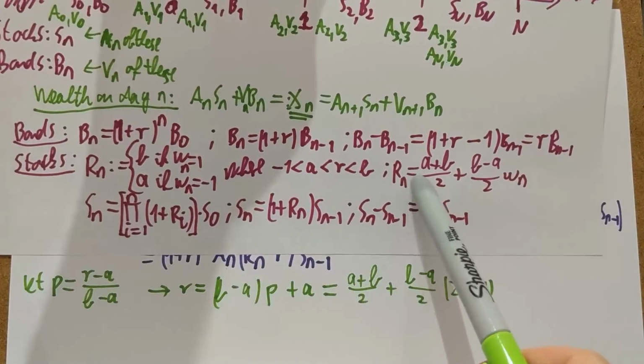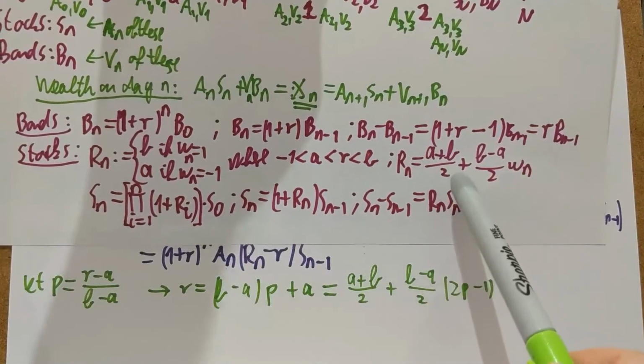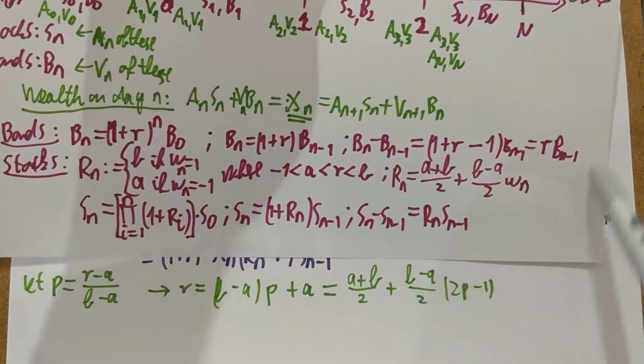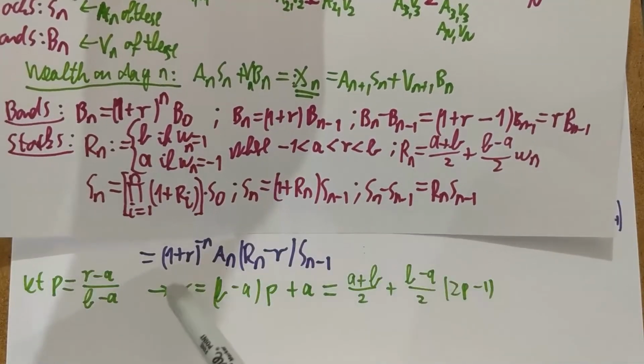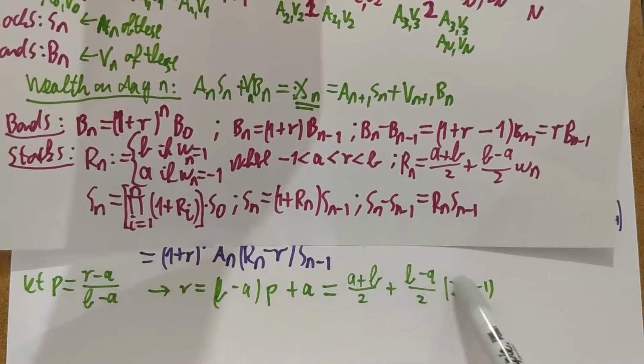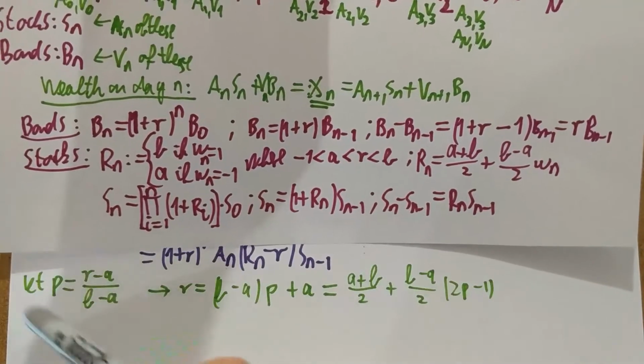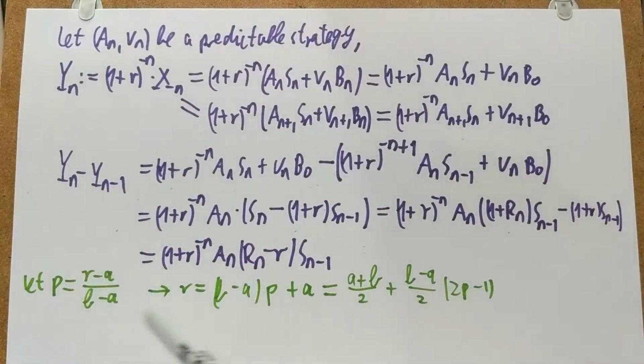So if you take an expectation of that random rate, you get exactly this non-random rate, a plus b over 2 plus b minus a over 2 times 2p minus 1. That's what fixing p at r minus a over b minus a does. It just makes the random rate average to be the non-random rate.